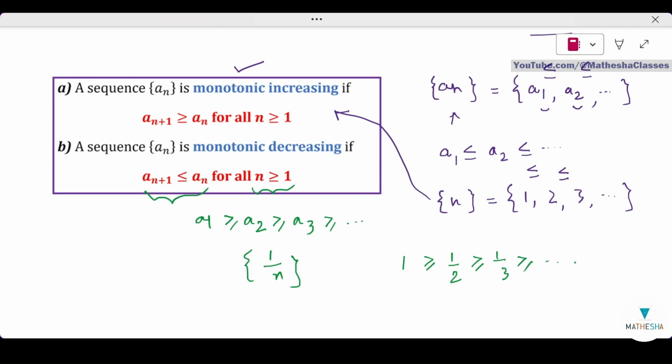So this is an example of a monotonically decreasing sequence.